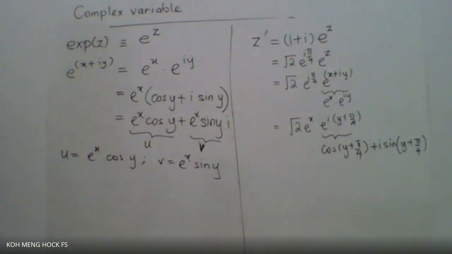Sekarang saya nak minta you tolong guna Cauchy-Riemann condition tadi untuk tunjukkan sama ada exponential z ini ialah analytic function atau tidak. You use the Cauchy-Riemann conditions just now to show whether exponential z is an analytic function or not. Take a few minutes. Let's try to do it.